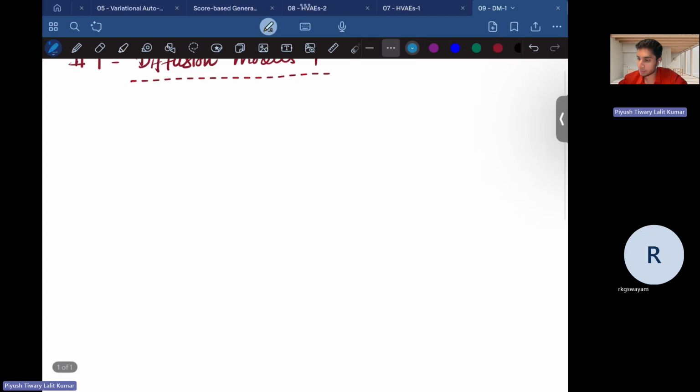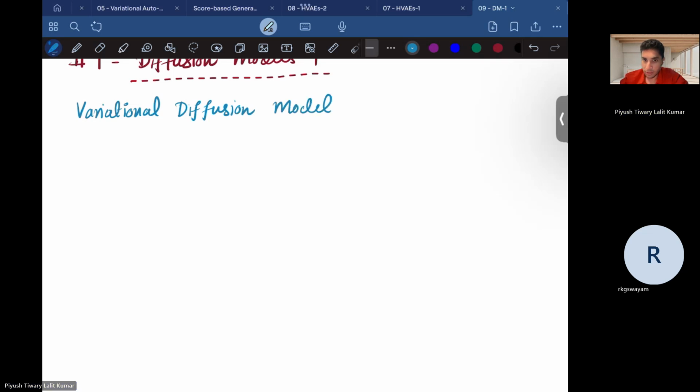Diffusion models can be derived from several perspectives. We are going to look at something called the variational diffusion model, or VDM. Okay. What is it?